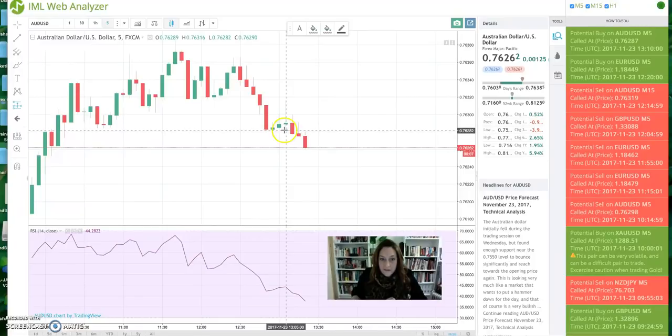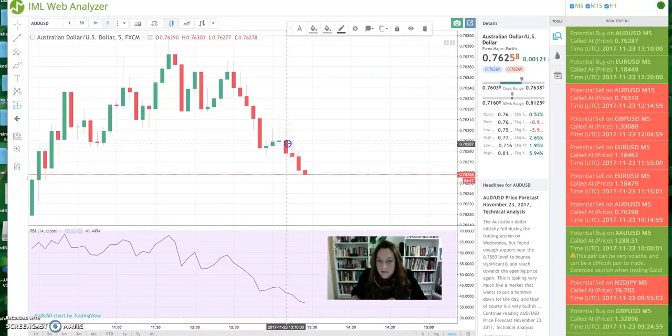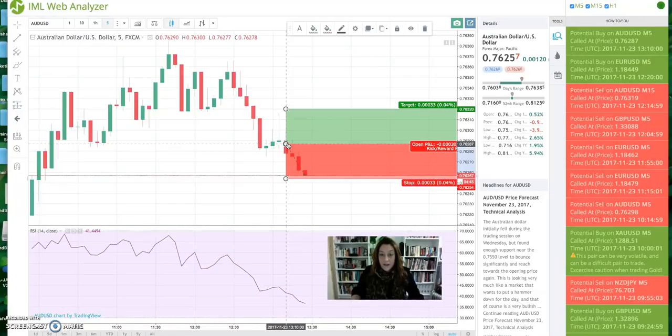See that little black indicator at the bottom? That's the time, so you match that up there. And then this was called at the price of 0.7628, 76287. That is where I got in.